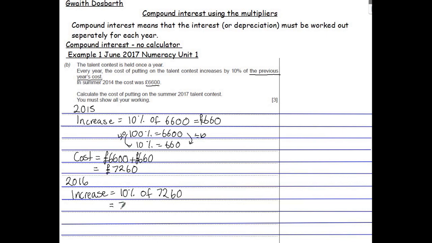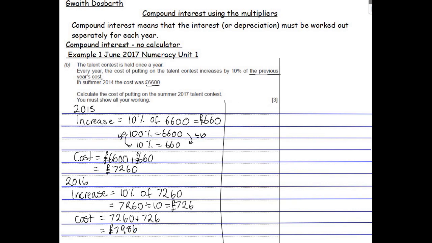We divide by 10, so some of you may write this like this and not the method above. I don't mind, just as long as you get it right. Okay, so the cost in 2016 is going to the amount it was at the start of the year, which is 7,260, adds this increase of 726, which is 7,986.